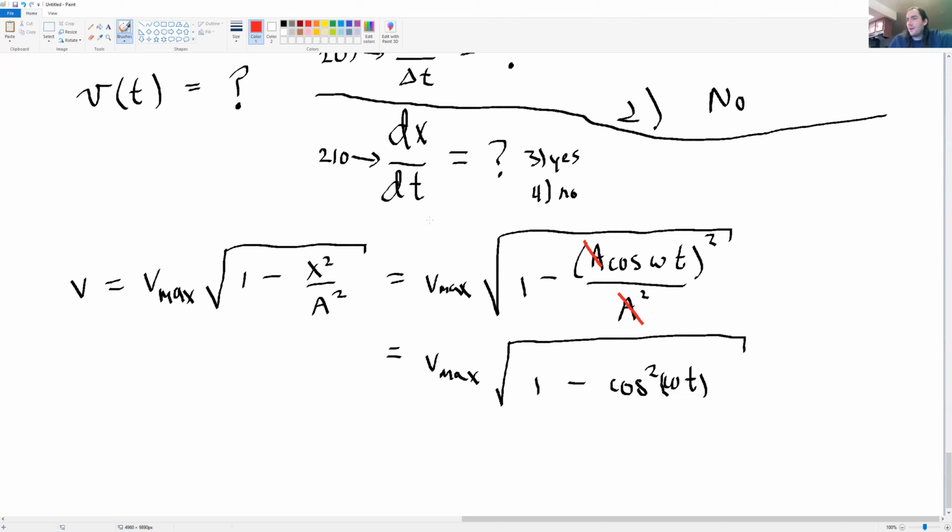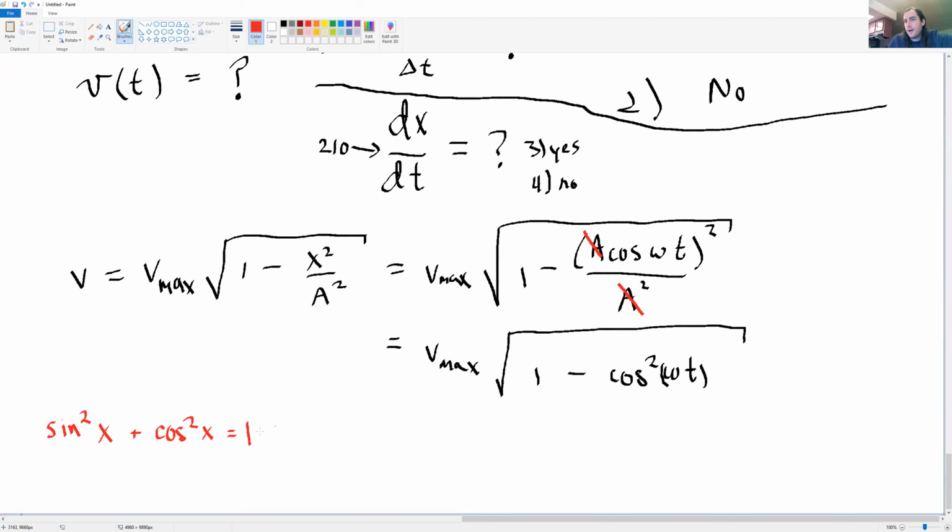All right, good. So if I have 1 minus cosine squared, then I should get sine squared, because I'm a diligent trig student, and I know that sine squared x plus cosine squared x equals 1 because I've mastered the unit circle, right?